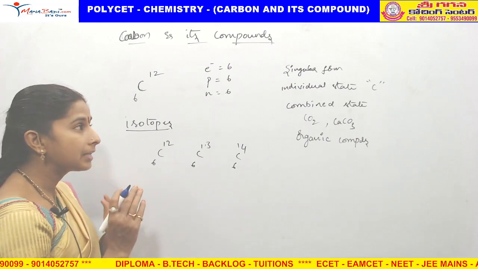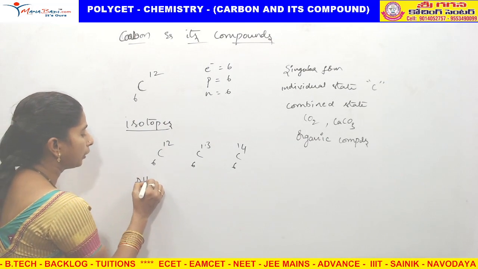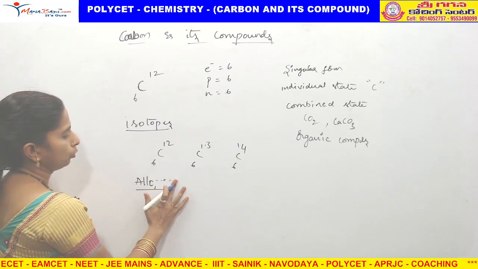Now, carbon can also exist in an individual form as carbon. That is called another form, allotropes.